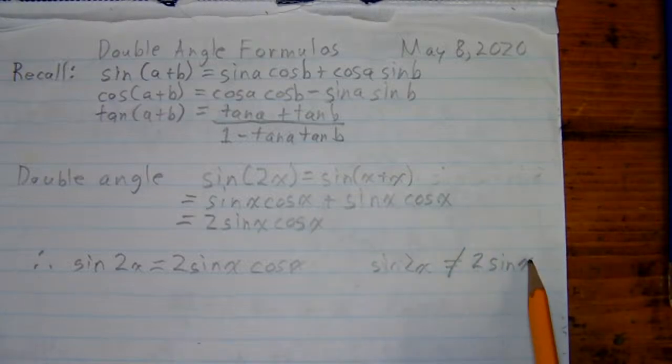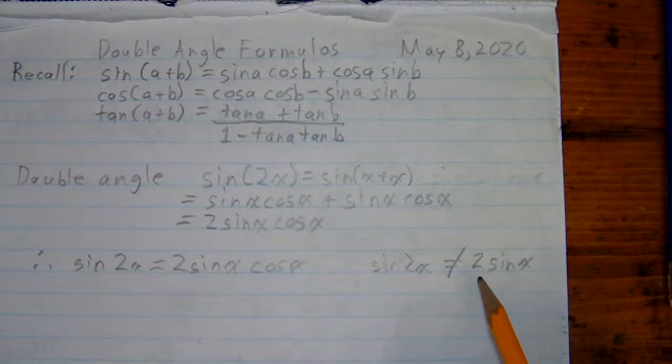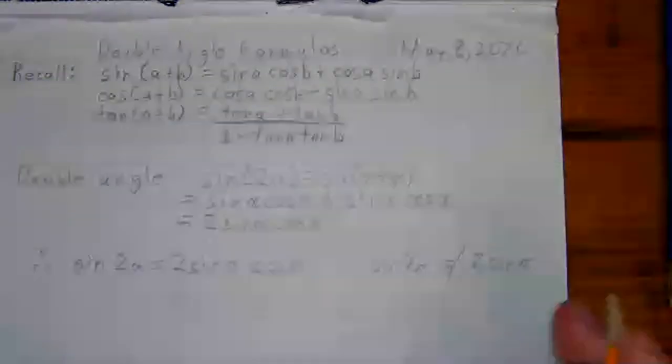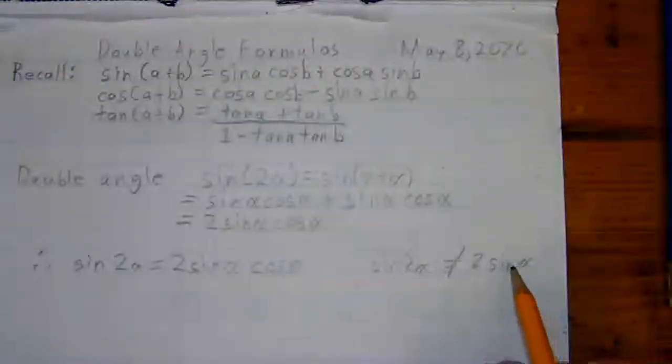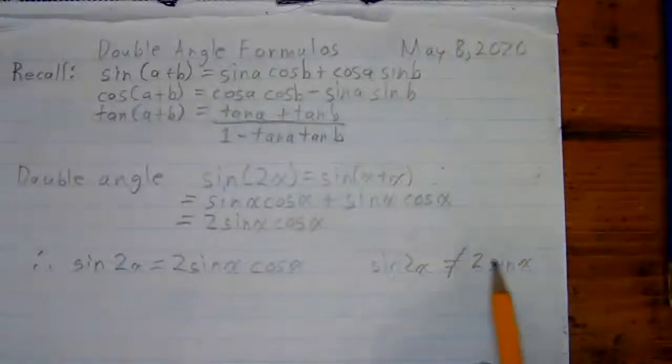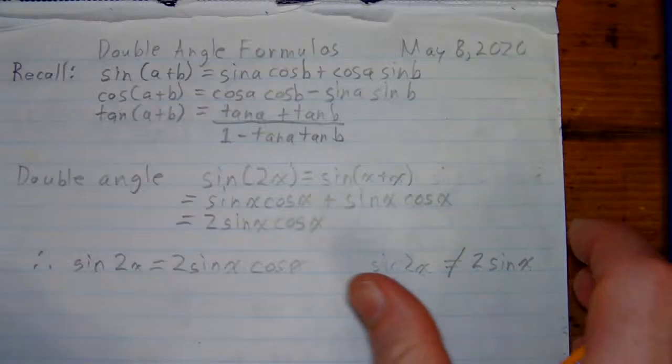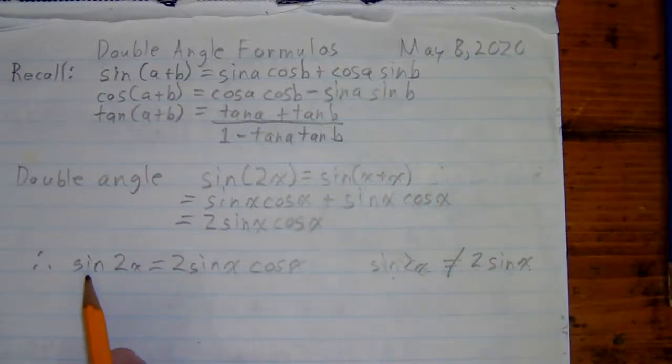If you want a proof, consider the angle 90 degrees. 2 times 90 degrees is 180 degrees. Sine of 180 is 0, but sine of 90 degrees is 1, and 2 times 1 is 2. So if this were true, then 0 would equal 2. Clearly that's not true, so this is not a true identity, and in fact, this one here is the correct one.